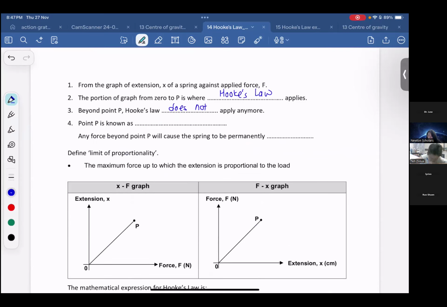Beyond the point P, what is point P? Point P is called the limit of proportionality. Any force beyond this point will cause the spring to be permanently deformed.